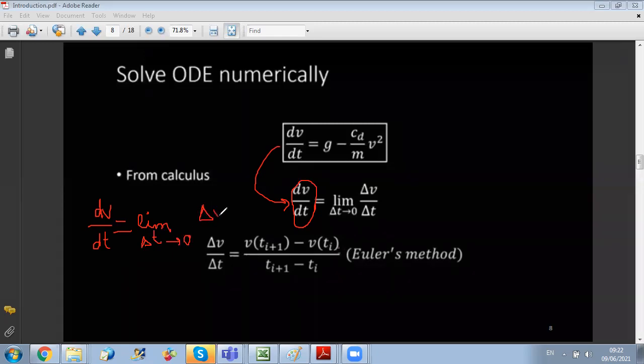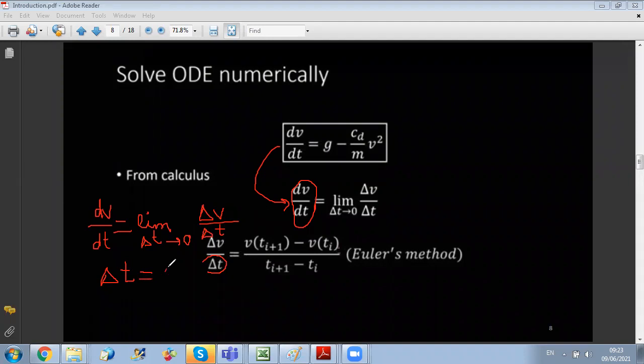So this is analytical. When we want to use numerics, we will not go to 0. We will use a certain finite number, because when delta t tends to 0, this becomes indeterminate. So we will take a certain time step delta t. Of course, the smaller delta t is, the better the approximation.